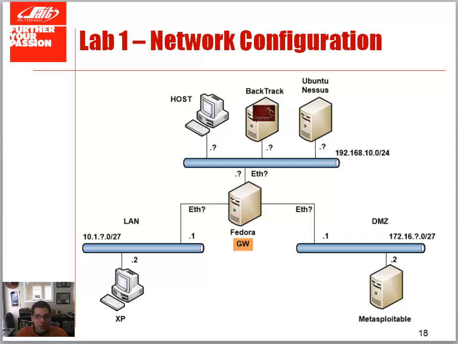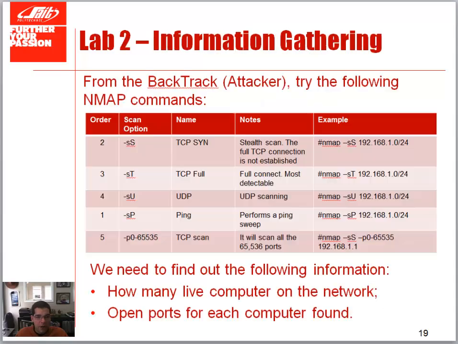Once you finish setting up your environment, go to lab 2, and I want you to follow this order. The first command will be ping sweeping. How many live IPs do we have on the network? Two, do a TCP scan, just a light scan.